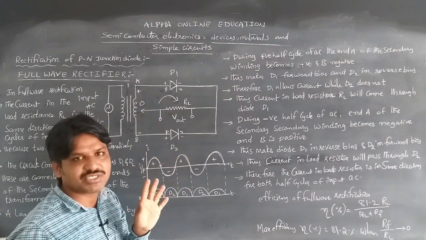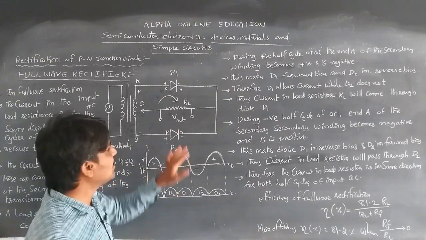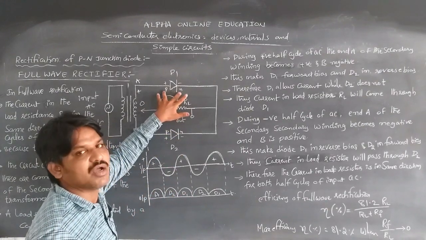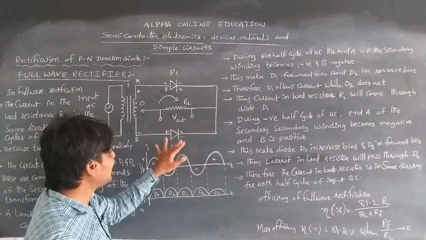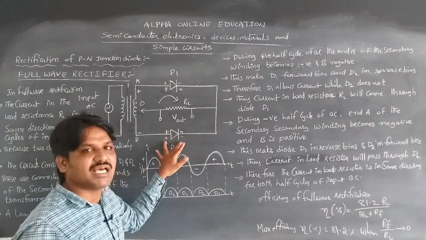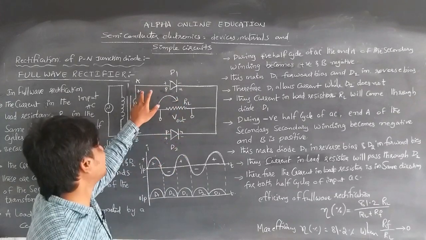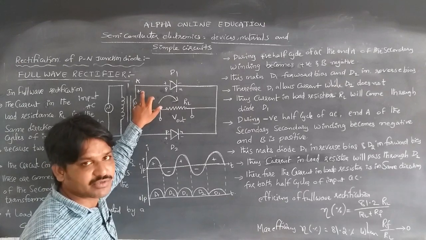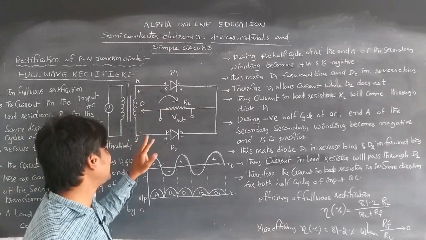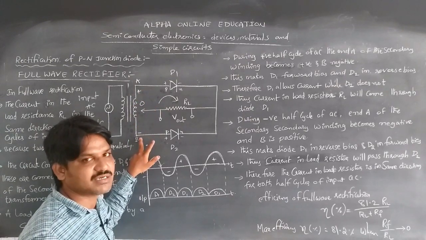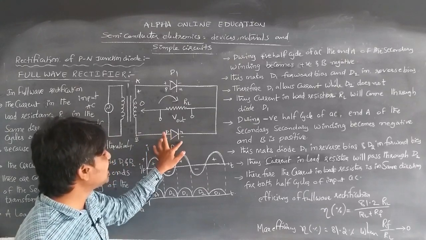During the positive half cycle in the full wave rectifier, the D1 diode becomes forwardly biased and the D2 diode becomes reversely biased. Due to that, A becomes positive whenever the positive half cycle is given, and B becomes negative, so D2 becomes reversely biased.